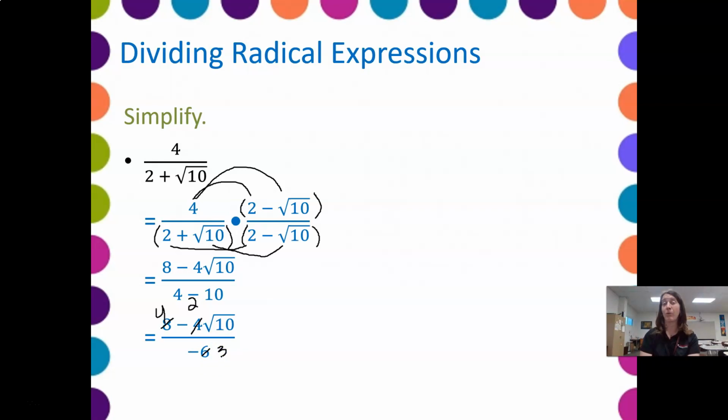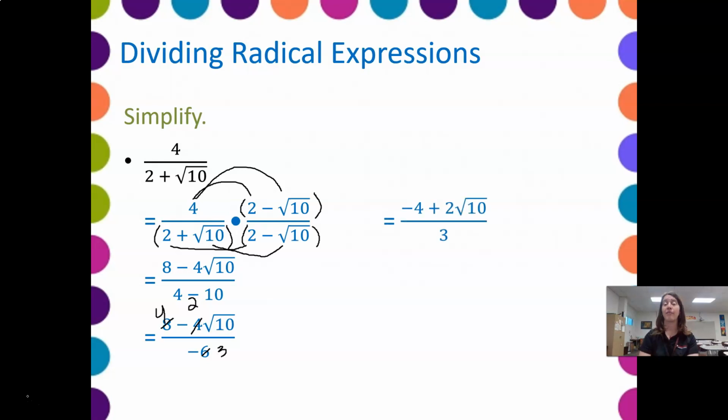Now, one other thing I would like you to do to your final answer. It's usually not customary to leave a negative in the denominator of a fraction. So what I'm going to do is I'm going to take this negative and I'm going to move it up to the numerator. Now, when I do that, listen carefully here, the numerator has 2 separate pieces, the 4 as well as the minus 2 root 10. The minus, or the negative, that I'm moving up to the top affects both of those numbers.